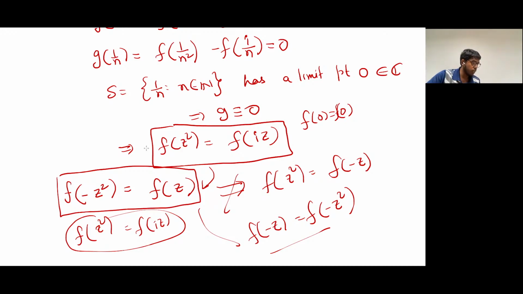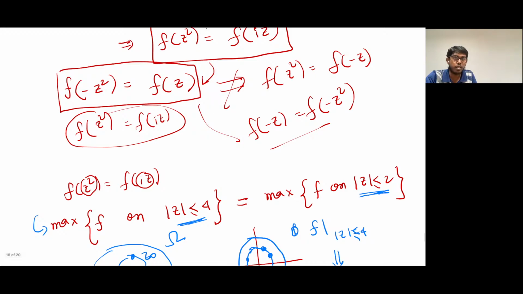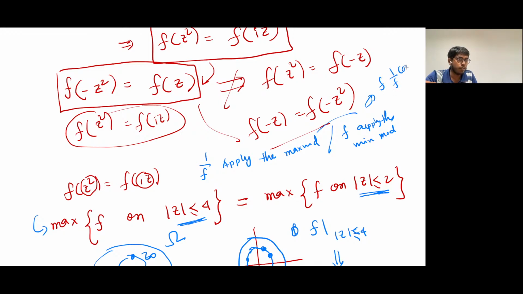But since we are not getting any contradiction, whatever you are telling is right: if you take 1 by f and apply the maximum modulus, or on f apply the minimum modulus principle by assuming f is not zero, either will say that f or 1 by f is constant. But that does not give any contradiction, because we already got that f is constant.